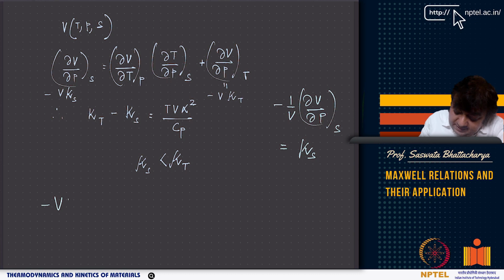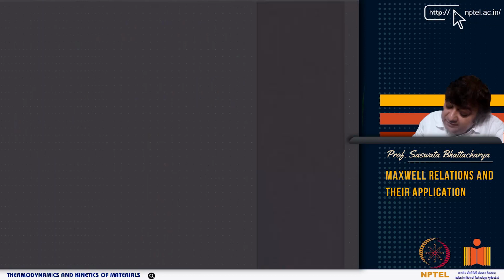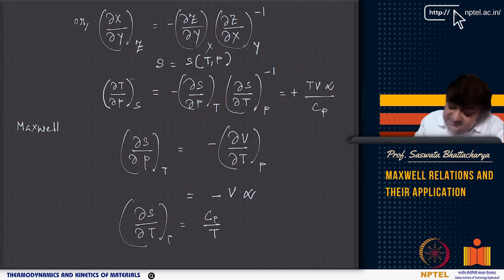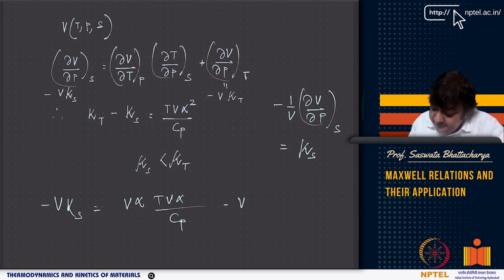Minus V kappa S equals V alpha times del T del P at constant S, which we have got as TV alpha by Cp. So V alpha times TV alpha by Cp, minus V kappa, which is isothermal.